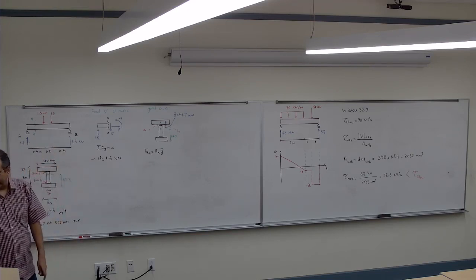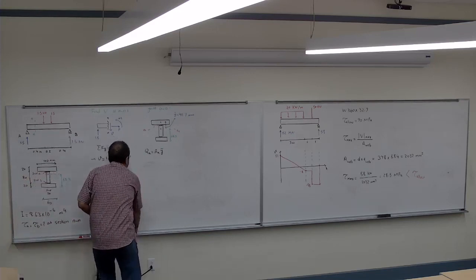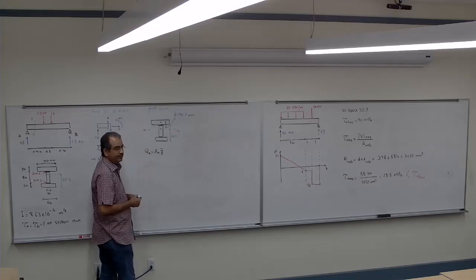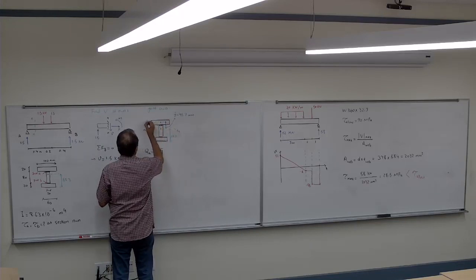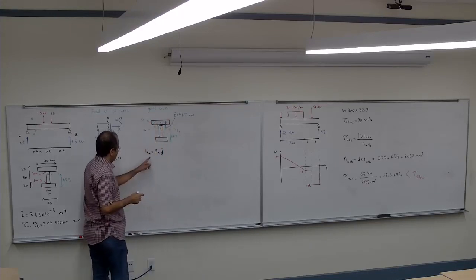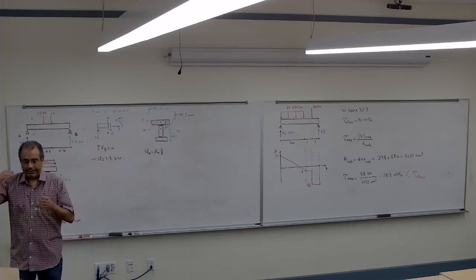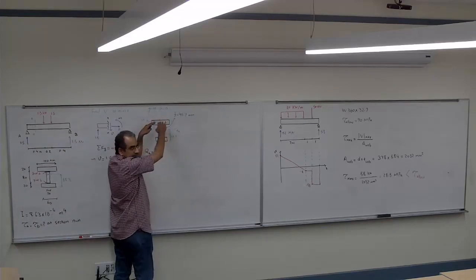It comes out to 41.7 anyway. So the Q at A, what's the area that I'm looking for? The area is, correct? This is the area that I'm looking at. So that's the area of A. I'm looking at the area on the top of where I'm cutting it.